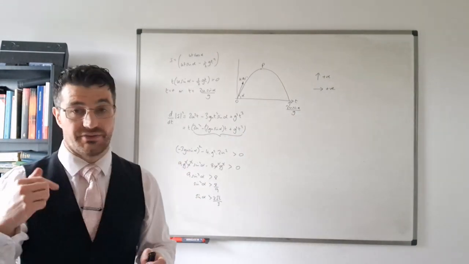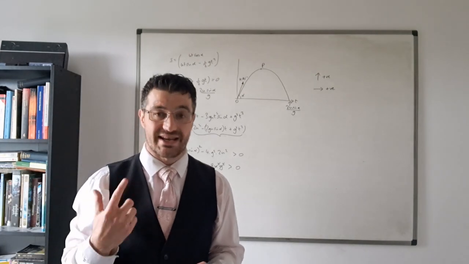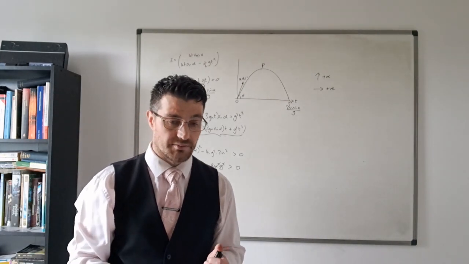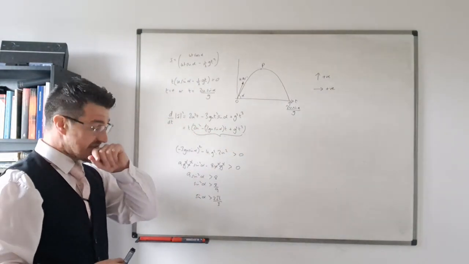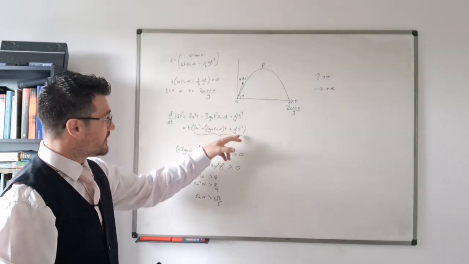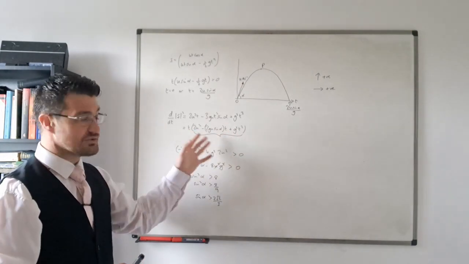Well, the first thing that I tried to do, which was in retrospect quite naive, but I gave it a go anyway, was to try to find expressions for the roots of this quadratic. Remember this is a quadratic in t.